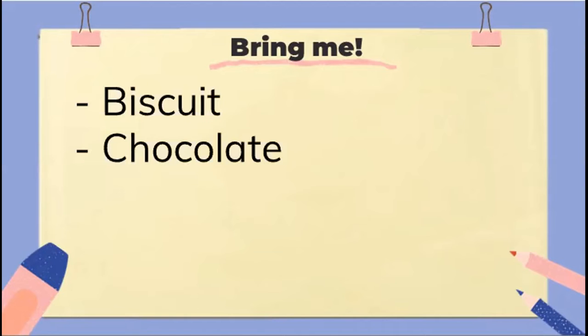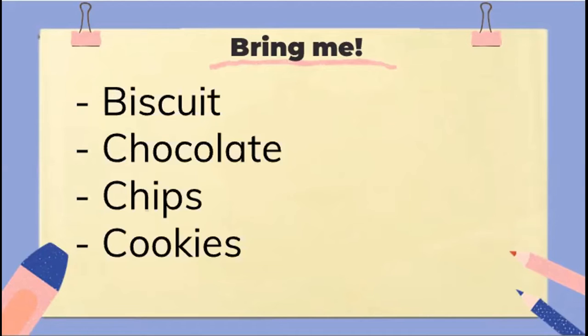And next, the third is chips. So if you have chips at home, you can also bring it. If you don't have, there's no need to bring it. The last one would be cookies. So you can also pause this video and find some cookies at home.